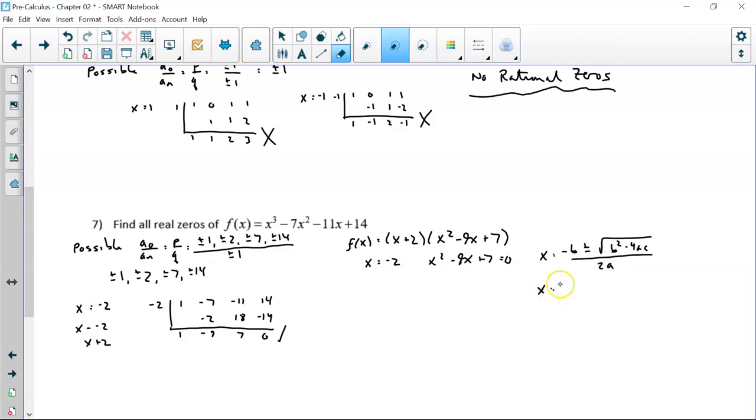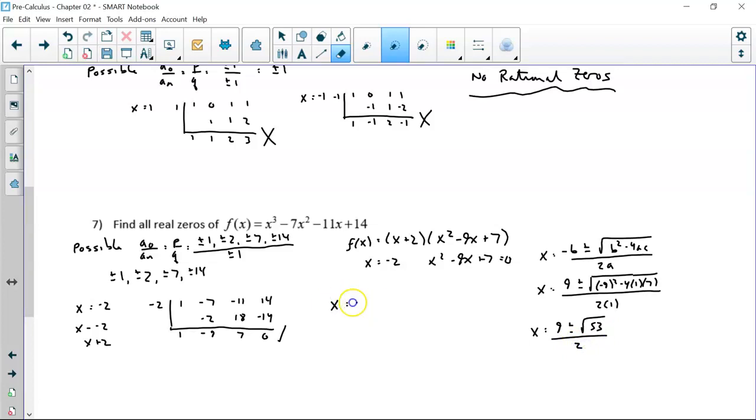The opposite of -9 is 9, plus or minus the square root of -9 squared minus 4 times 1 times 7, all divided by 2 times 1. So x equals 9 plus or minus the square root of 53, all divided by 2.